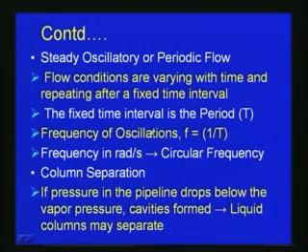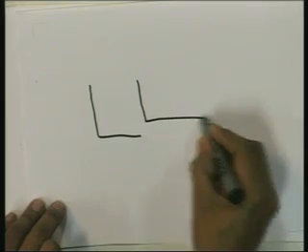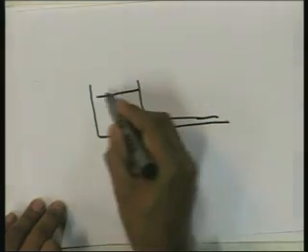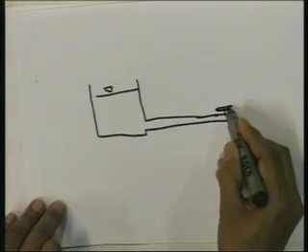For example, consider the flow coming from a reservoir, with a pipe connected to the reservoir, and here there is a flow, and here we have a valve.